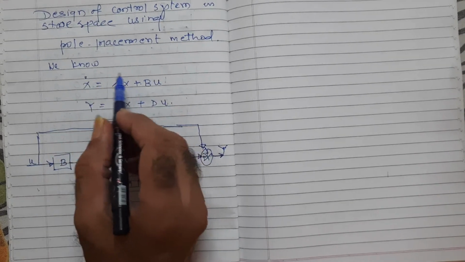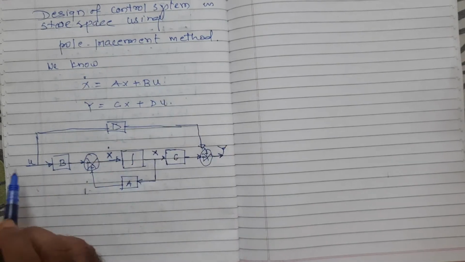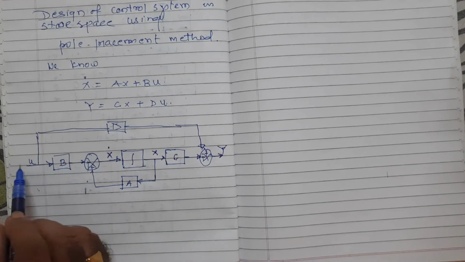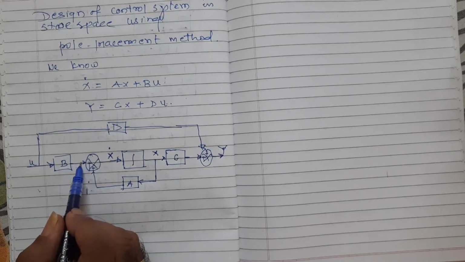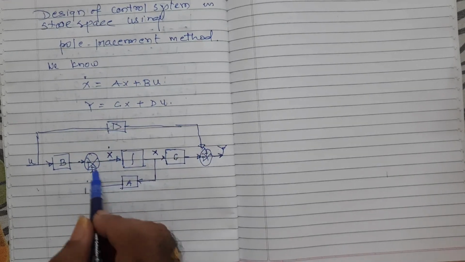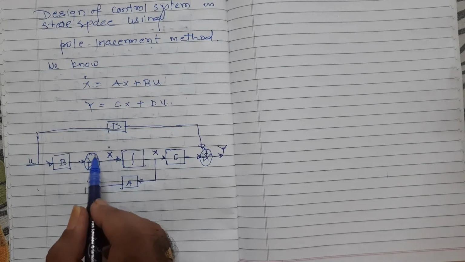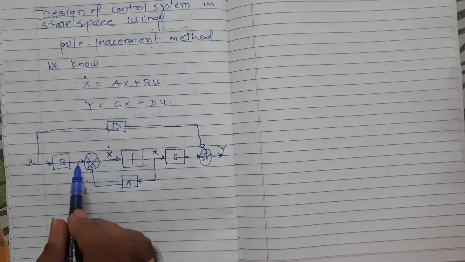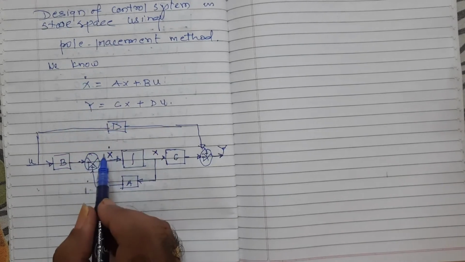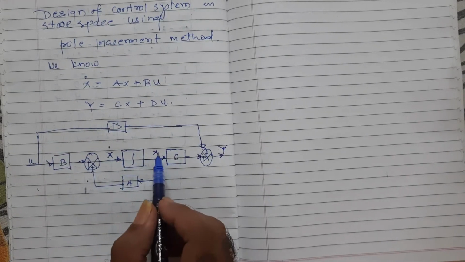Now u is my input, it is multiplied by b, so here we have b into u. Plus a into x we want, so the sum of these equals x dot, so I put one summation point, and its output becomes my x dot. Now I integrate x dot, and I get x here.